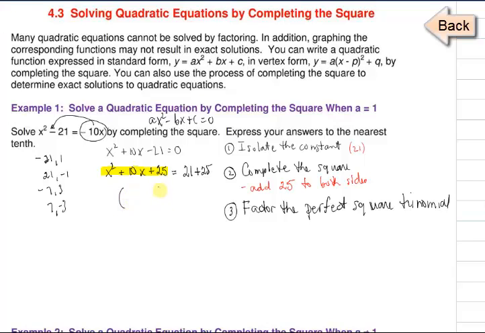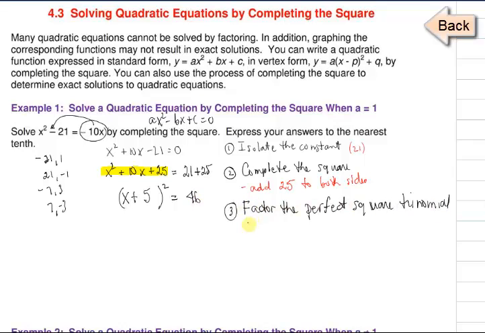So we know we're going to get a binomial squared. So we square root our x squared, we get x, we keep the first sign, which is a plus, and we square root the last term, so the square root of 25 is 5. And so now it's factored, x plus 5 all squared equals, and then combine the 21 and the 25, you get 46.